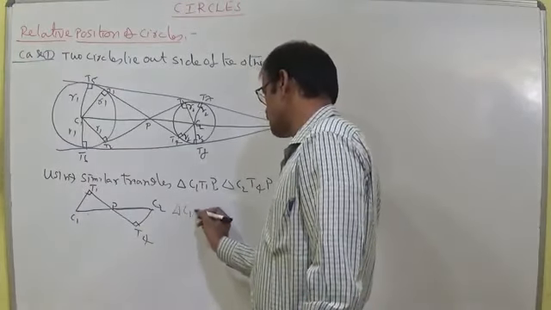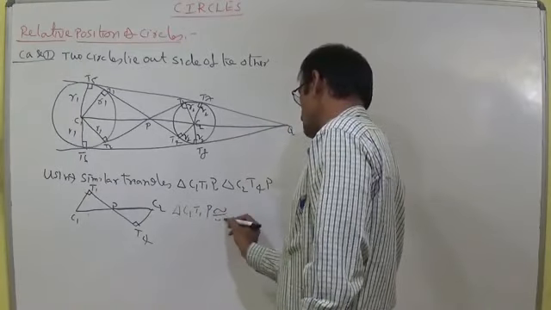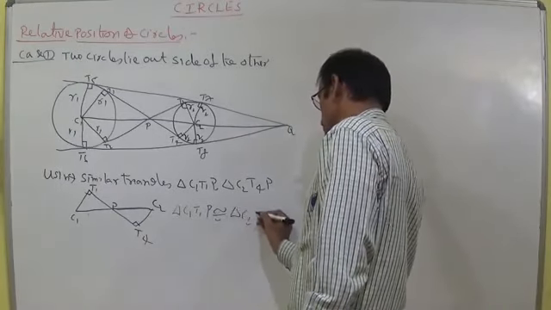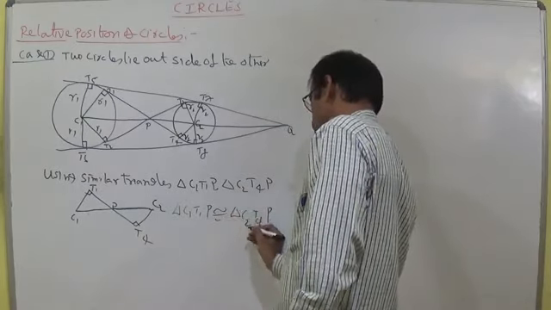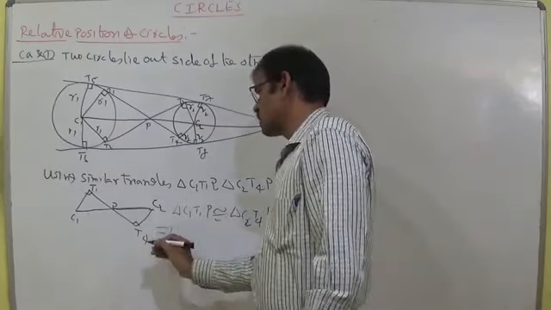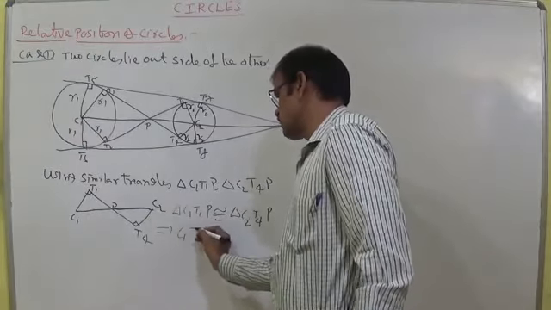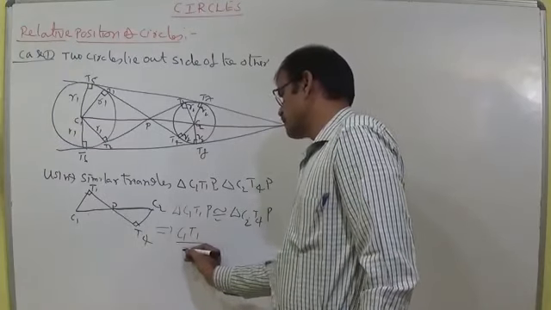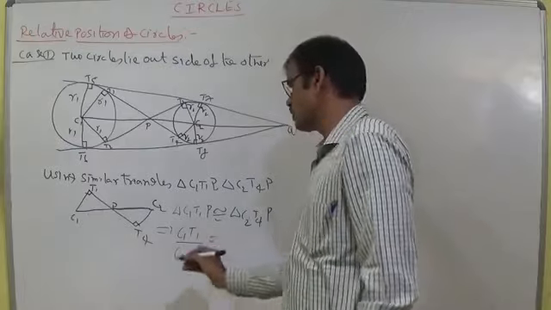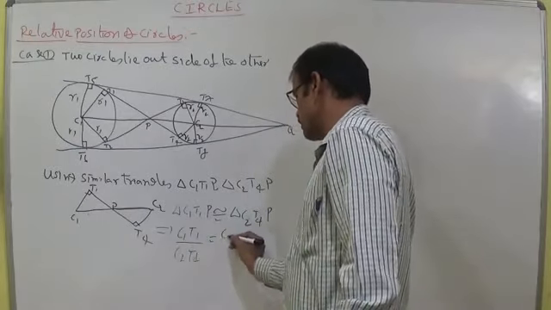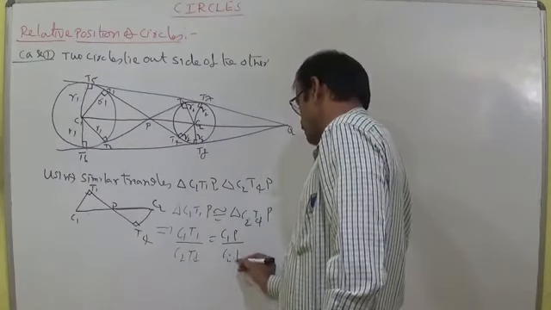Triangle C1 T1 P is congruent to triangle C2 T4 P. So what is happening? Side by side is equal to side by side, like that you can put here: C1 T1 by C2 T4 is equal to the ratio C1P by C2P.